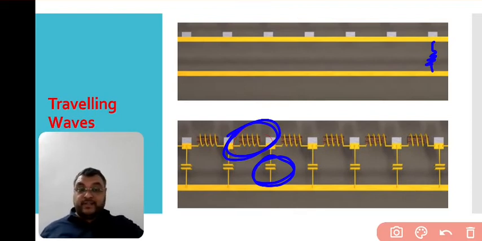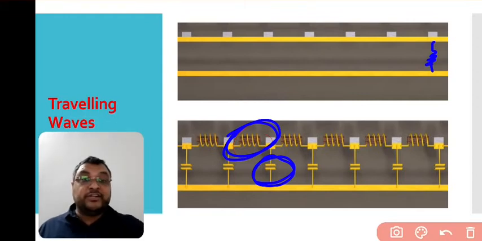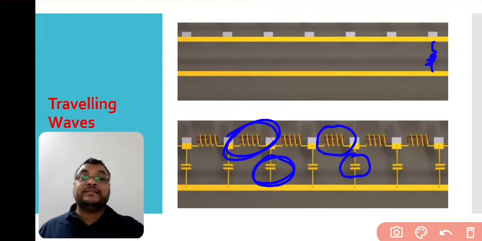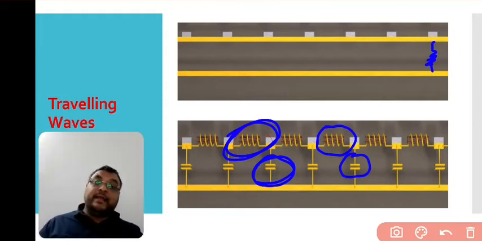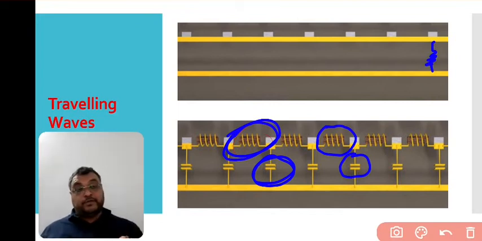The traveling wave is generated due to the inherent property of each section having an amount of inductance and an amount of capacitance, which takes time when we give the supply, and it will be reflected back towards the end.